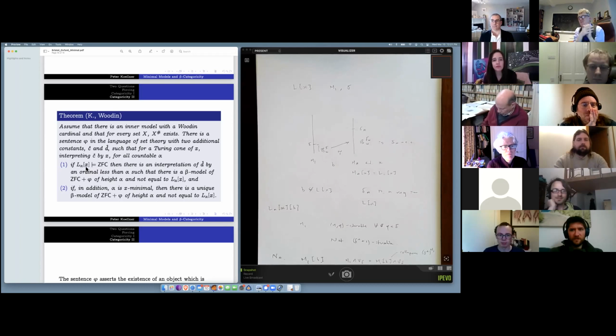It doesn't quite fit into your beta categoricity framework, though, because the height is changing, right? Yeah. So what are your feelings about that? How should we think about categoricity? Do we like it or do we not like it? Or does the fact that V equals L is the only categorical one down low make us like V equals L or not like it? What is the reaction that we should have to that result?